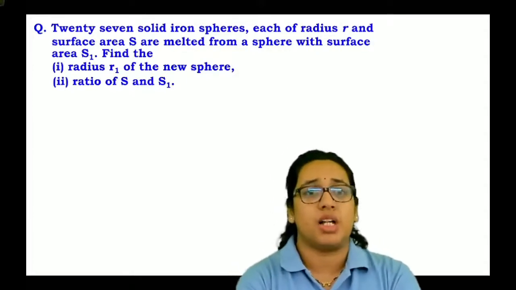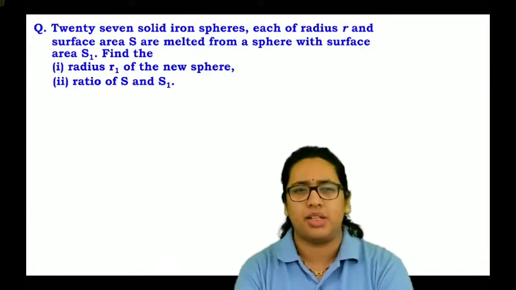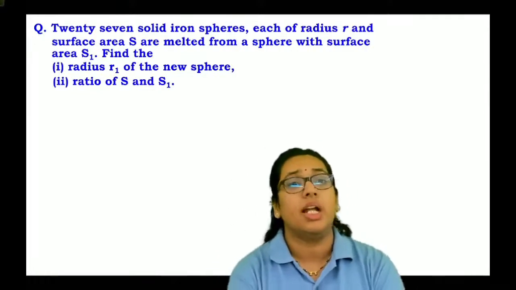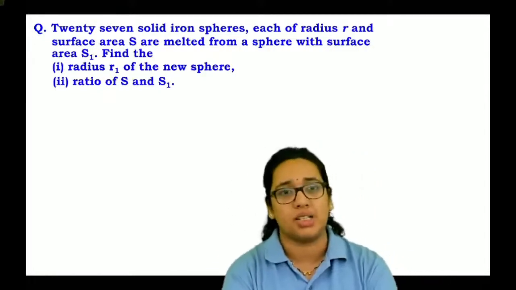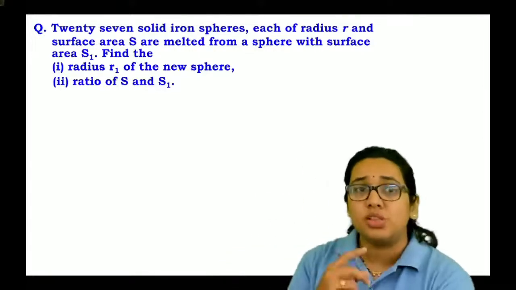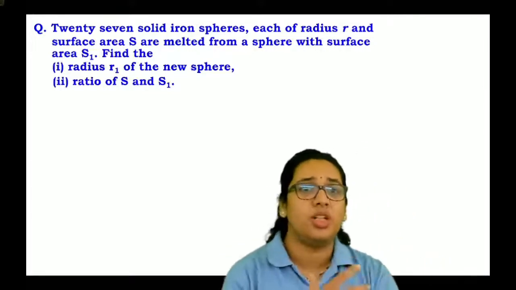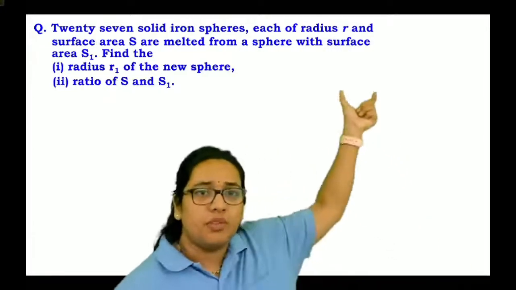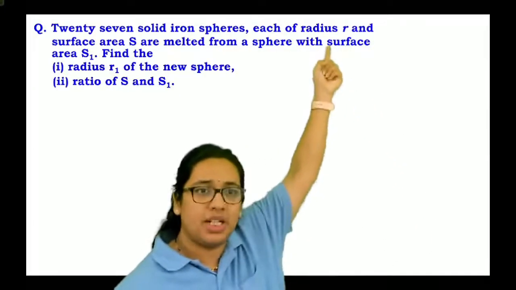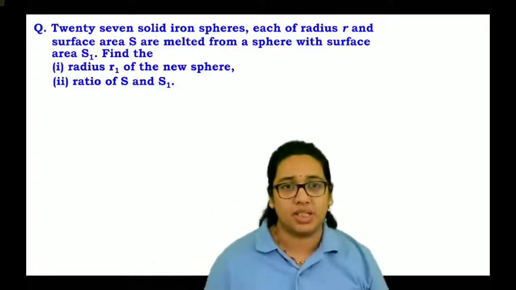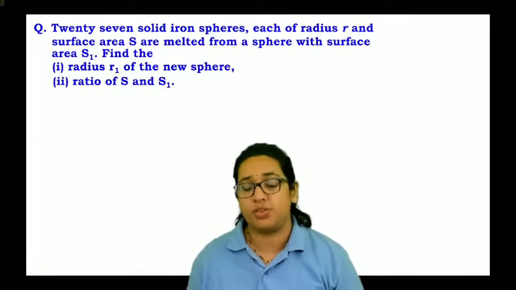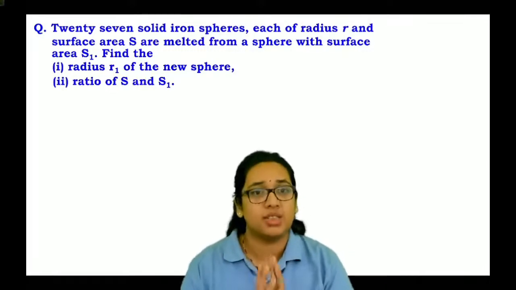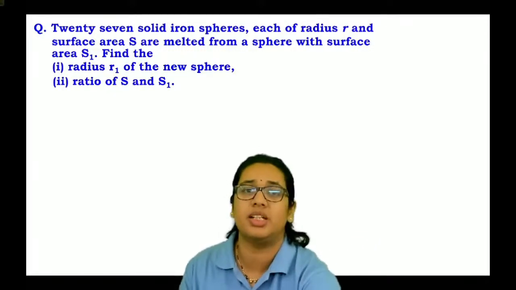So we have to find the radius R1 of the new sphere and the ratio of S and S1. S is nothing but जो आप 27 solid iron spheres form करने वाले हो, उसके लिए आपको रेडियस मिलेगा r and surface area will be s. From a sphere with surface area s1 means जो ओरिजिनल आपके पास स्फीयर है उसका सरफेस एरिया आप कंसीडर करने वाले थे s1.